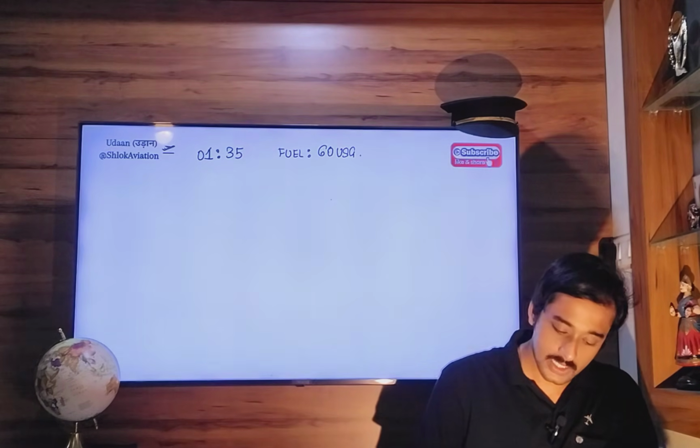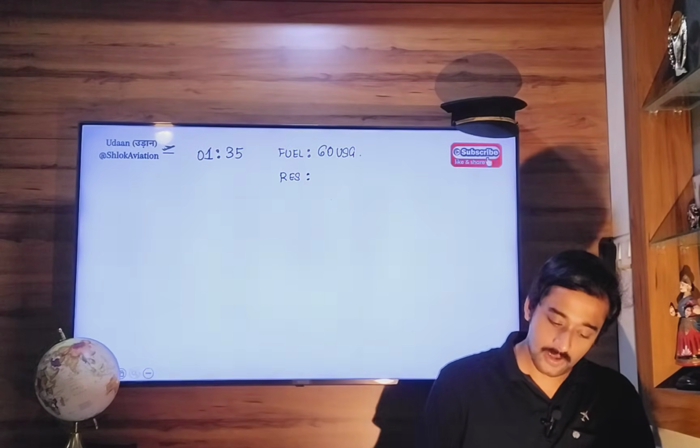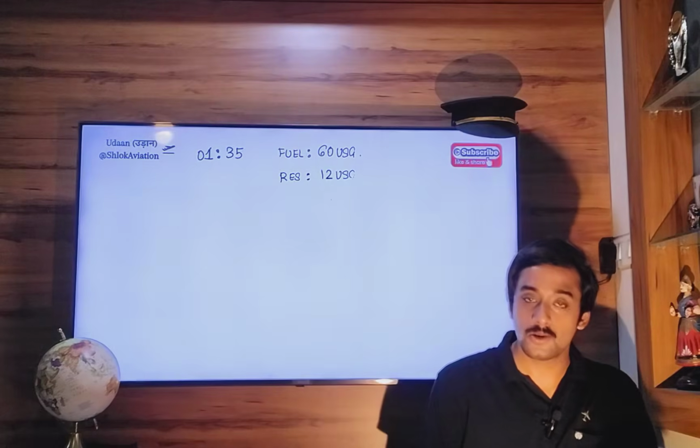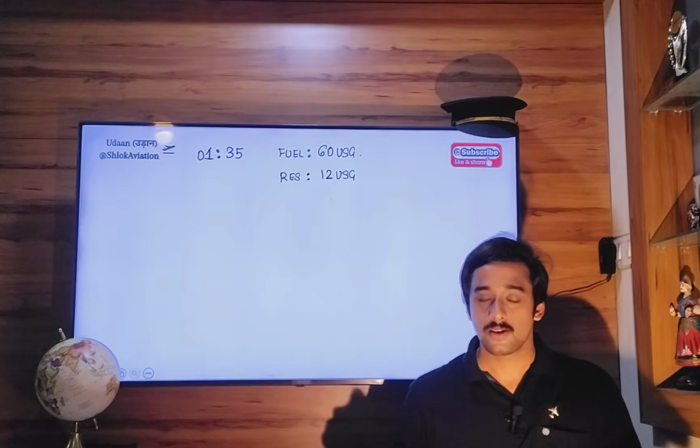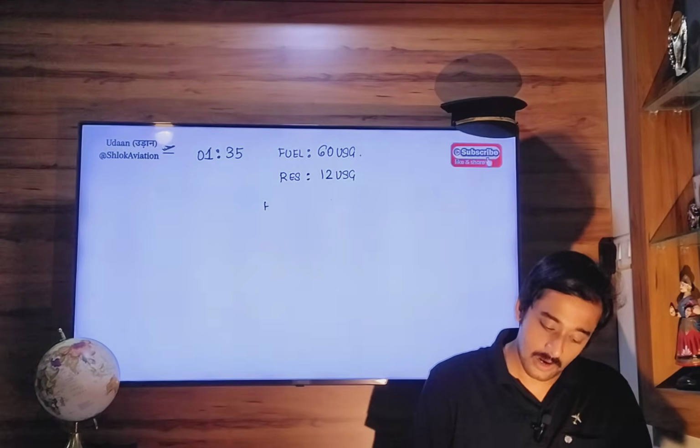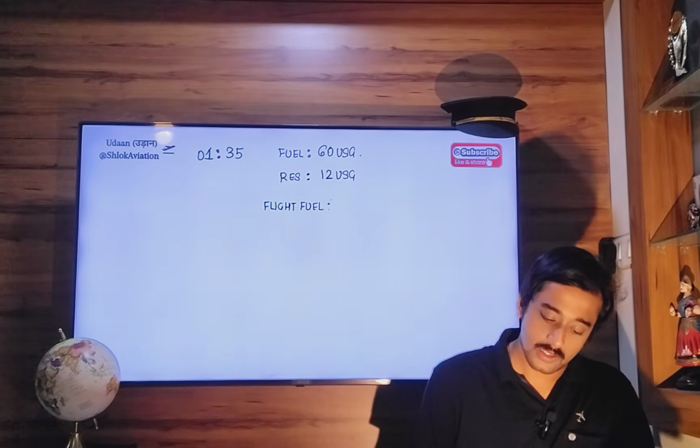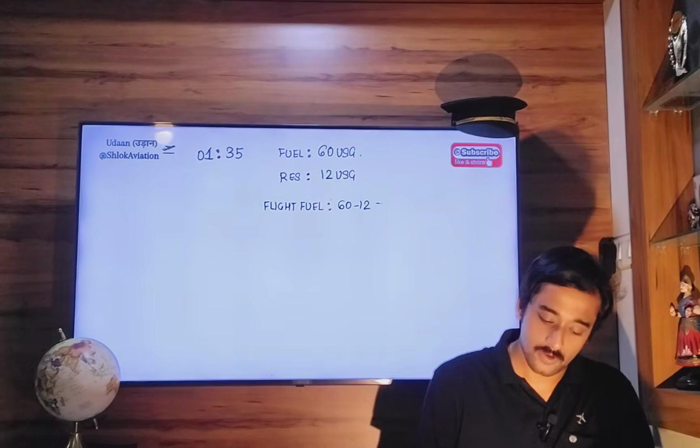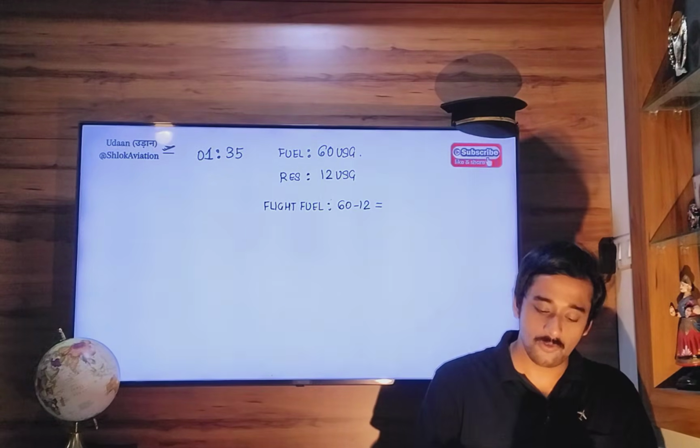Usable fuel is 60 US gallon. Reserve fuel is 12 US gallon. Now you're not going to use reserve fuel for your flight. So flight fuel available will be equal to 60 minus 12, which is 48.